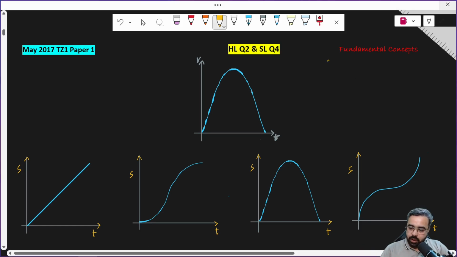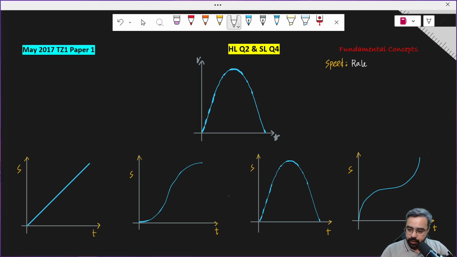Okay. So speed is just the rate of change of distance. Okay, we cannot say it is the rate of change of displacement, that is the velocity, and velocity is a vector quantity. It is the rate of change of distance. It tells us how fast or slow the object moves, how its distance changes with respect to time.